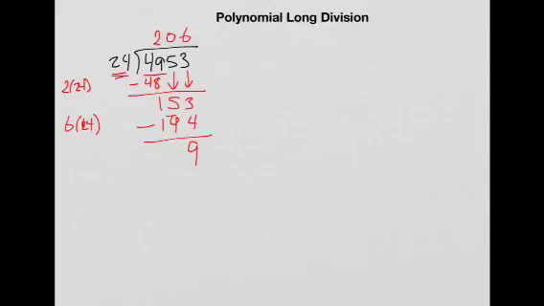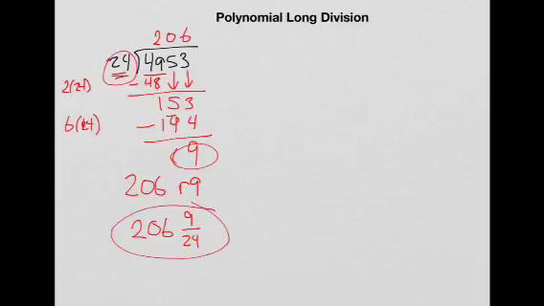And in the good old days when we first did this, we said our answer was 206 with a remainder of 9. Then later on we had to say, let's go into decimals. I'm going to write this a little different way. I'm left over with 9. I'm dividing by 24. So that answer could also be written as 206 and 9/24.